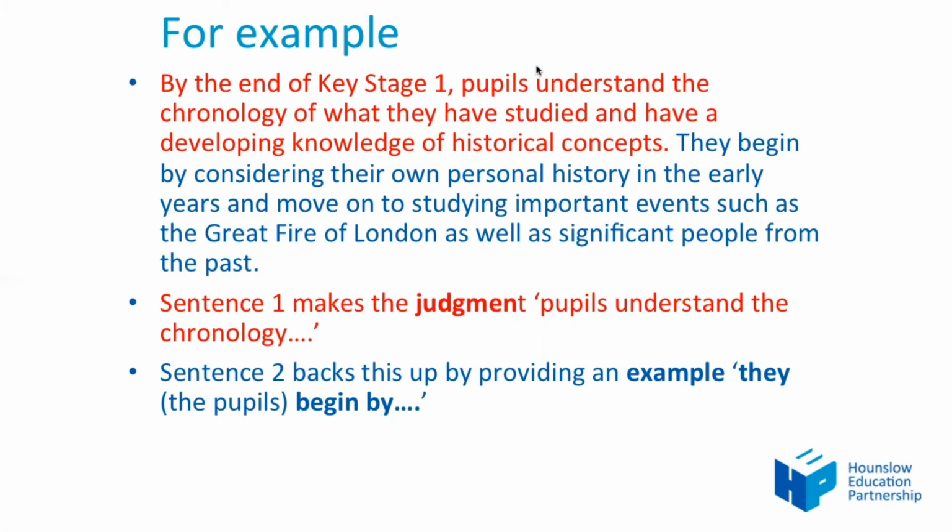So I'll have observed or talked to the children, seeing them describe their personal histories, as well as the Great Fire of London and some key people, and being able to put them into some form of a timeline, which enabled me to say they understand the chronology of what they've been learning.